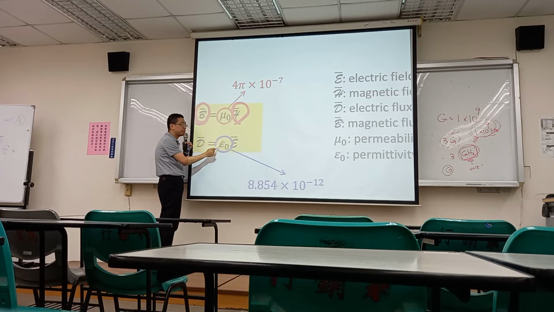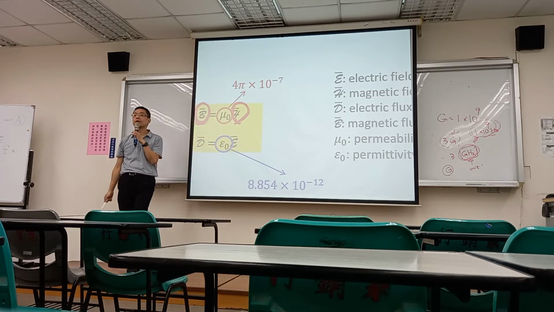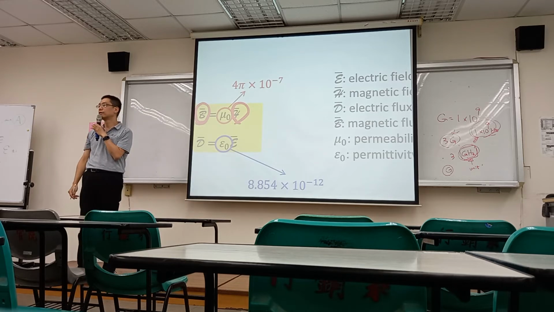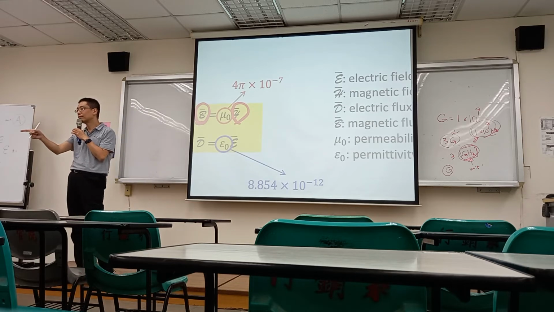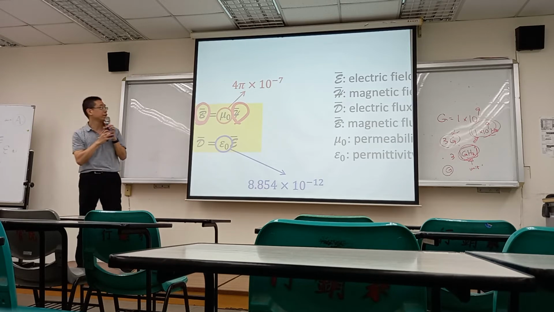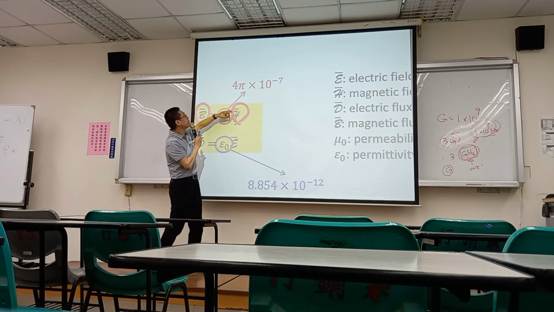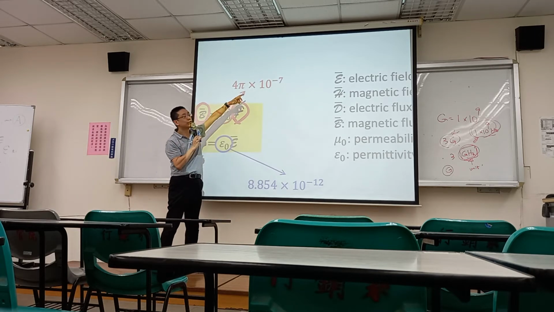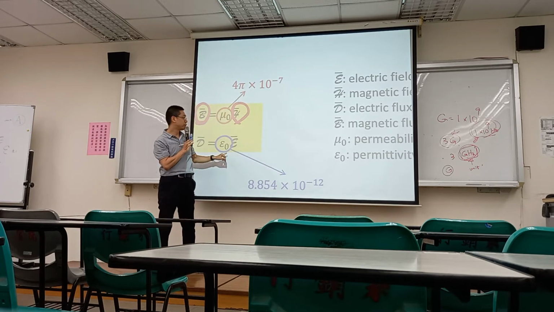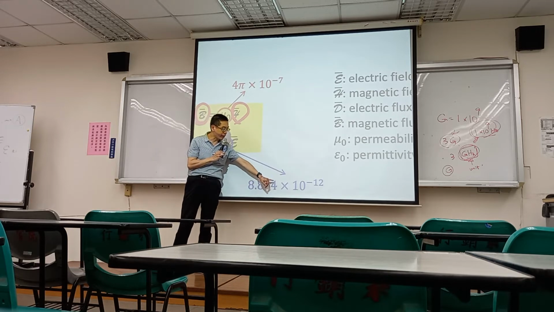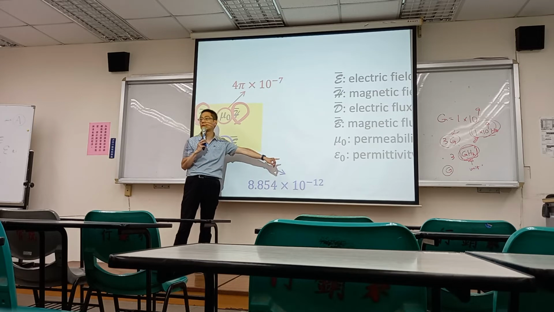Those are just constants. For the air, mu 0 is 4 pi times 10 to the minus 7, and epsilon 0 is 8.854 times 10 to the minus 12.